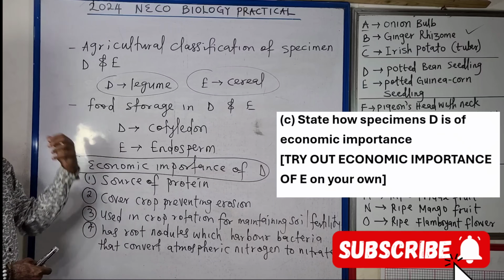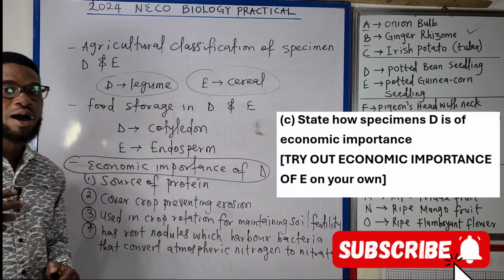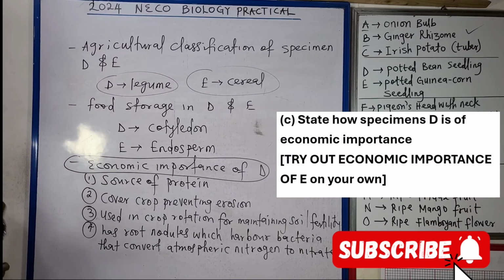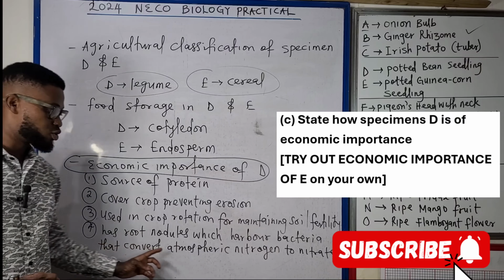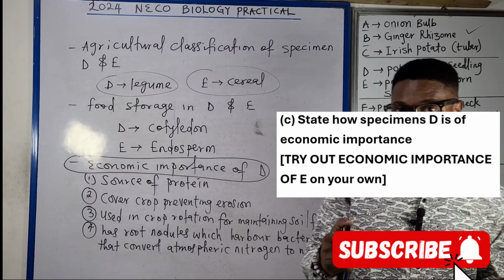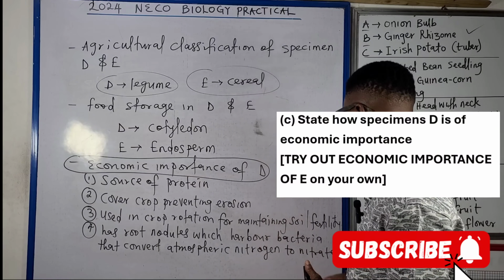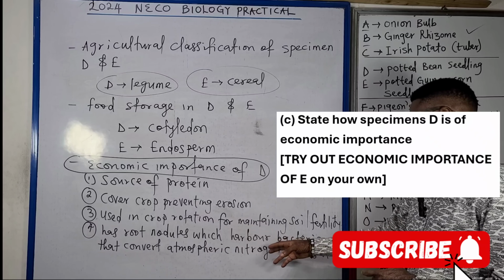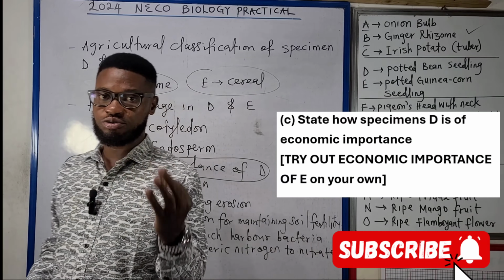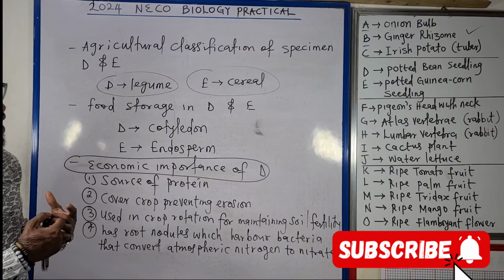And also, talking about the roots, the root nodules harbor nitrifying bacteria, talking about Nitrosomonas, Nitrobacter, which helps to convert atmospheric nitrogen to nitrates, thereby making the soil a lot more fertile. Remember that nitrates are one of the macronutrients that we need to have a luxuriant plant.